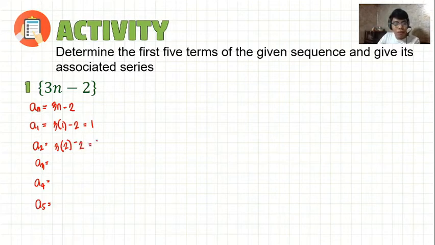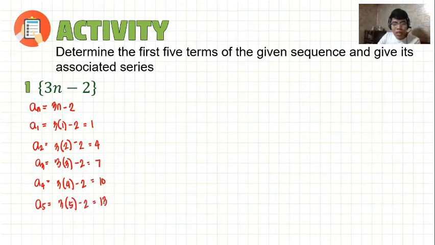So, we have, this is 4, right? Then, we have 3 times 3 minus 2. That is 7. 3 times 4 minus 2 is actually 10. And for the last one, 3 times 5 minus 2, this is 13. So the first 5 terms are 1, 4, 7, 10, and 13.